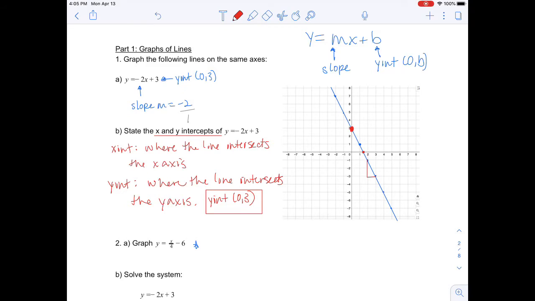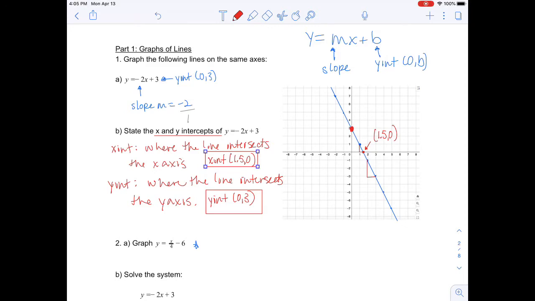If I look at the x-intercept, I can use the slope to help me, because I know if I go down 1, I have to go across 1/2 to get to that intercept. So I know that this point is (1.5, 0). So our x-intercept here is (1.5, 0).